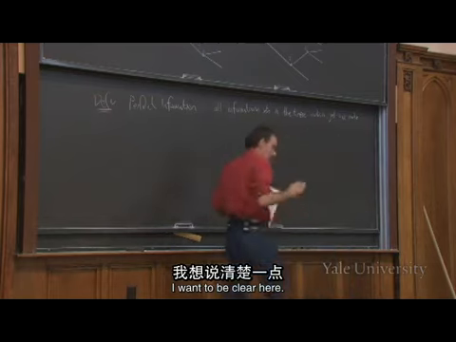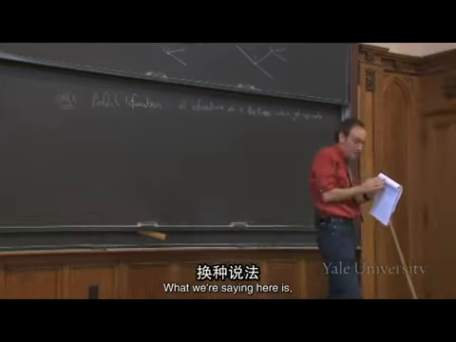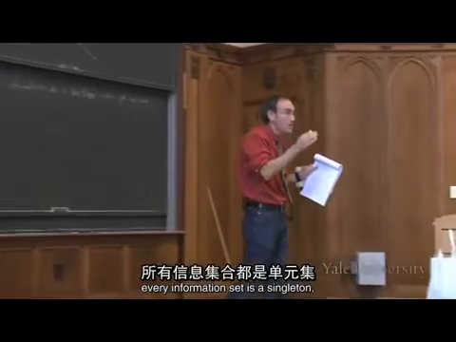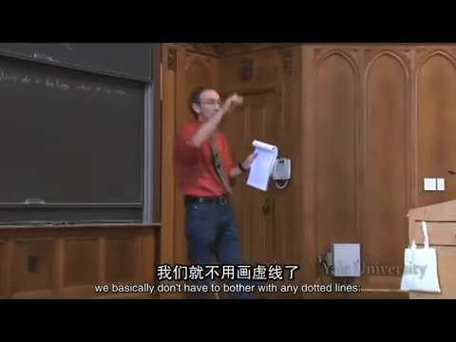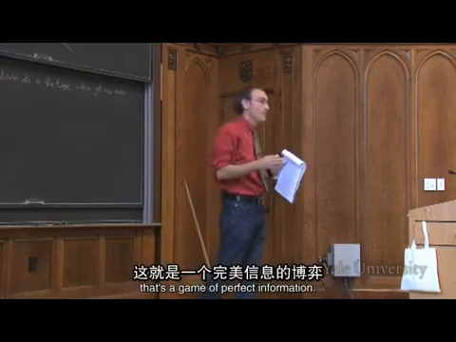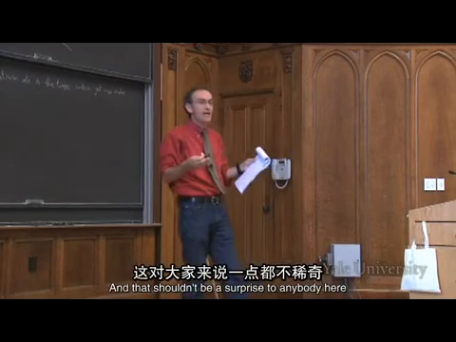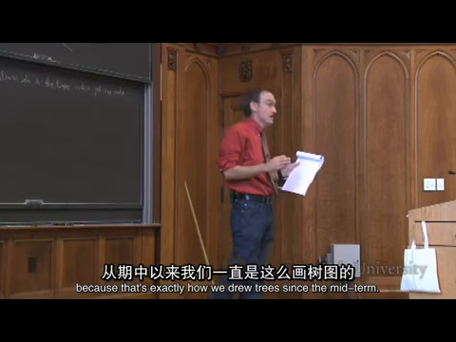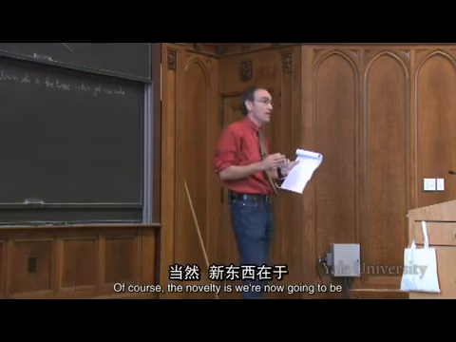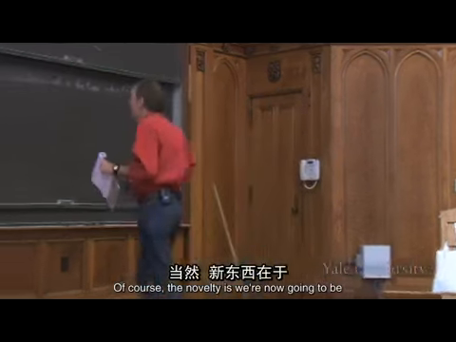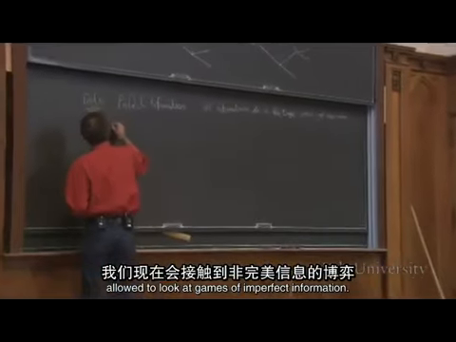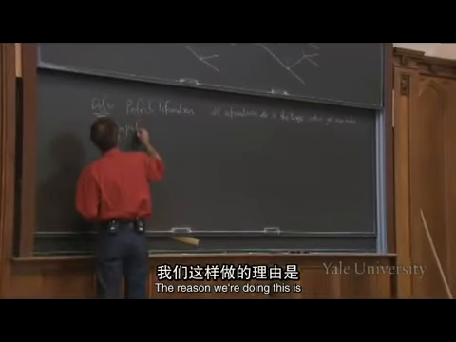All right, I want to be clear here. What we're saying is if we have a tree in which every information set is a singleton, we basically never bother with any dotted lines, that's a game of perfect information. That shouldn't be a surprise to anybody here, because that's exactly how we drew trees since the midterm. Of course, the novelty is we're now going to be allowed to look at games of imperfect information.